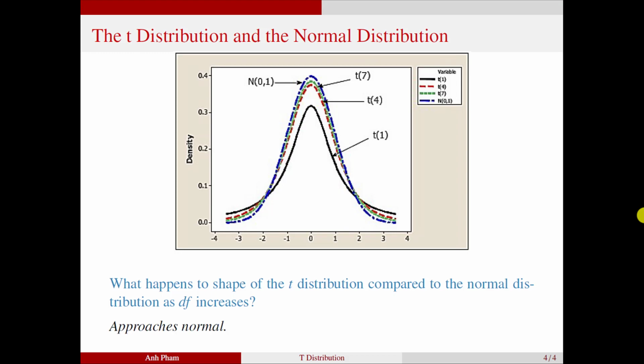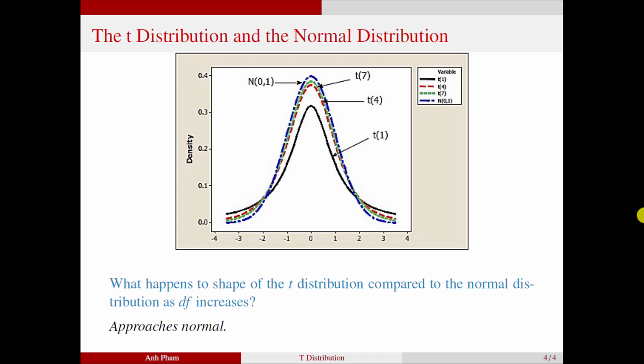As we can see, as the degree of freedom increases, going from 1 to 7, let's say, so in this case from the black curve to the green curve, we see that the green curve, which has a degree of freedom of 7, looks a lot more like the blue curve, which is a standard normal distribution.